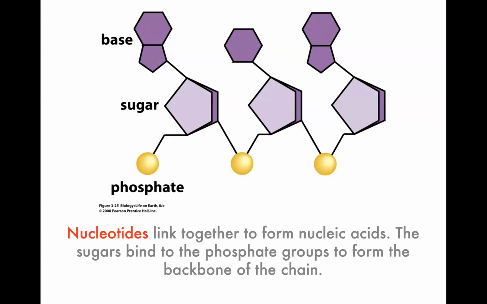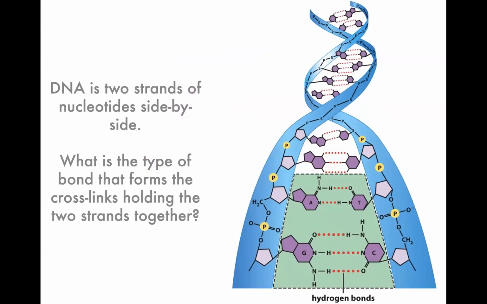These nucleic acids are responsible for, again, transmission of genetic information and the production of our proteins. So DNA, real quick, structurally is a little bit different than RNA. DNA is a double-stranded molecule. We have two strands of nucleotides, which are our building blocks. We have a strand of nucleotides here, and then another strand of nucleotides here.